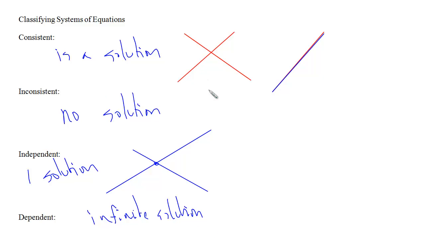And if you think about any two lines in a plane, they're always going to intersect at some point, except for this no solution here, inconsistent, which would have to be parallel lines. That would be an example of inconsistent system.